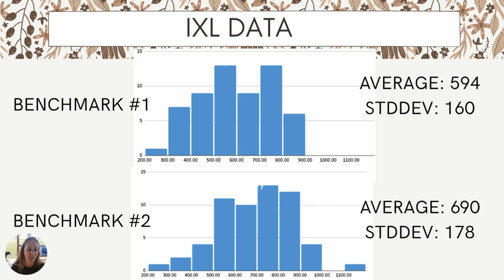We do notice the standard deviation is a little bit higher in benchmark number 2. I believe that's from one student scoring about an 11th grade level, which really increased the differences from the mean there.